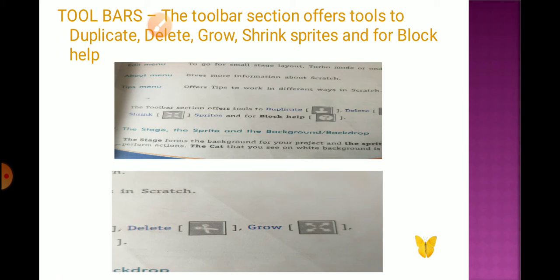The toolbar section offers tools to duplicate, delete, grow, shrink the sprites, and for block help also. This is the first part of the Scratch interface, that is menus and the toolbars. The second part of the Scratch interface is the stage, the sprite, and the background or backdrop.